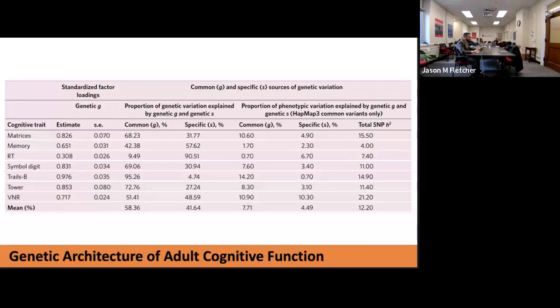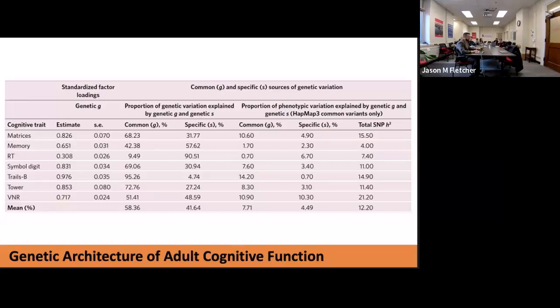In contrast, for RT, which is reaction time, a measure of a more simple cognitive process, the percentage of genetic variation accounted for by the shared genetic component, as represented by genetic G, was only 9.5%, which indicates that the genetic architecture of that particular trait was very unique and not shared with the other 7 components.